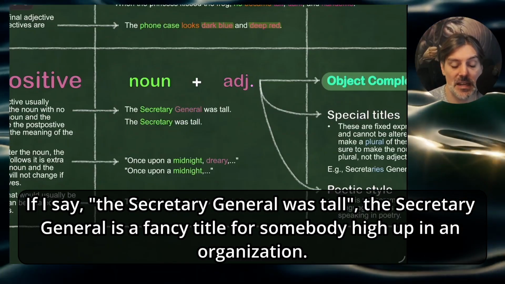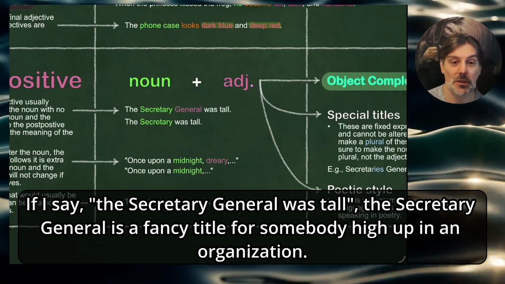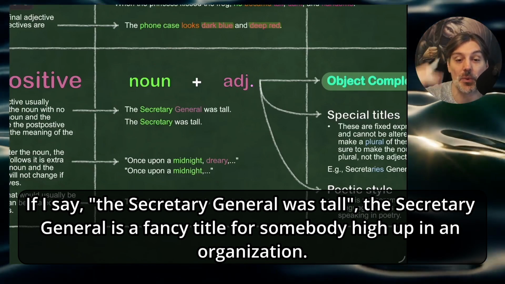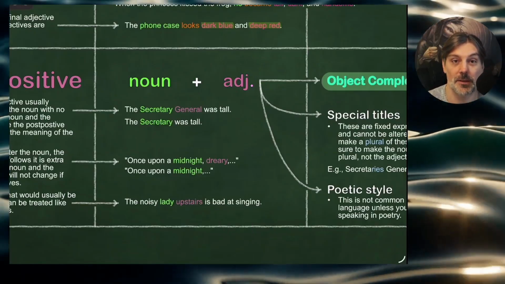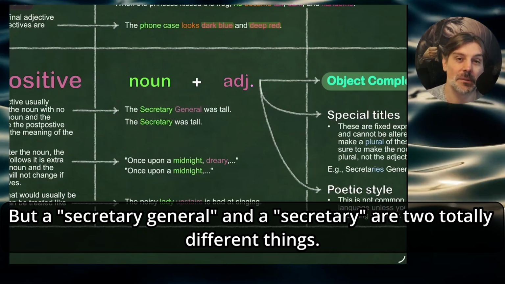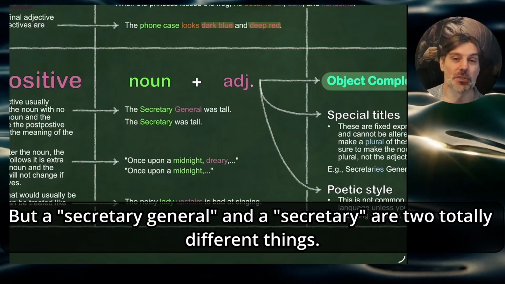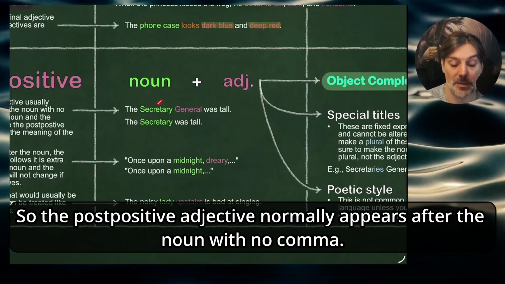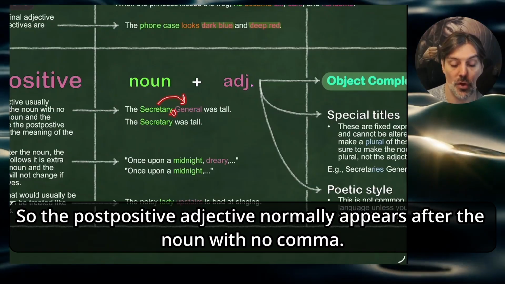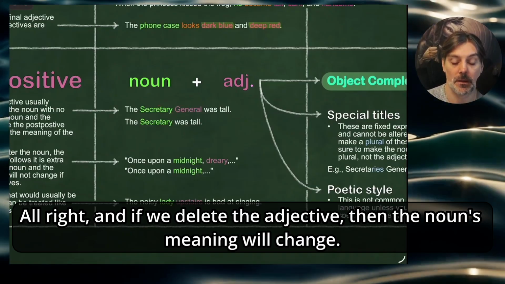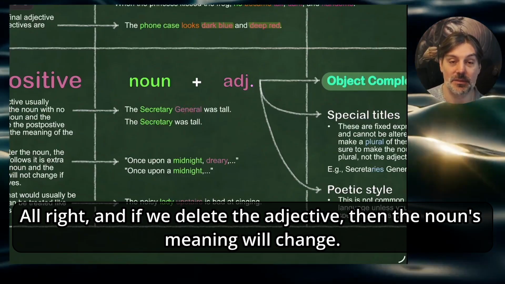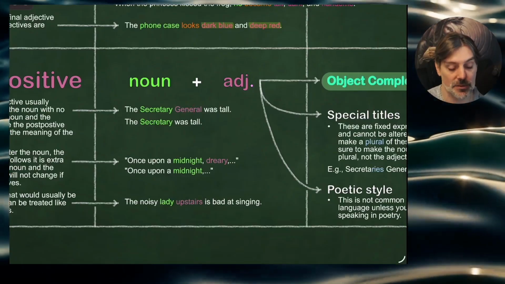If I say the Secretary General was tall, the Secretary General is a fancy title for somebody high up in an organization, right? But a Secretary General and a secretary are two totally different things. So the postpositive adjective normally appears after the noun with no comma, all right? And if we delete the adjective, then the noun's meaning will change.